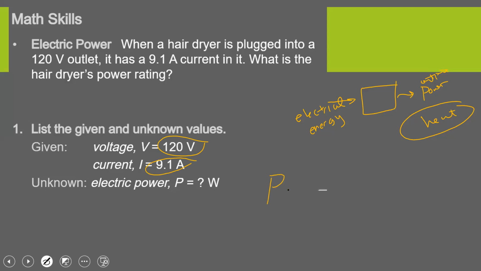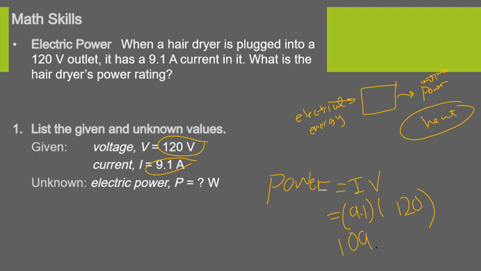So what did we say? We say that the power is I times V, where I is 9.1 and the voltage is 120. Let's multiply them now. You will find that the power is 1092 watts.